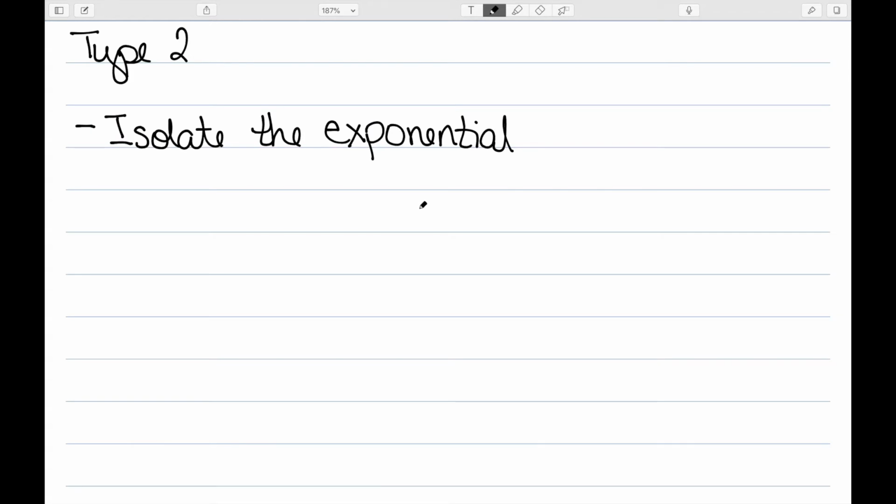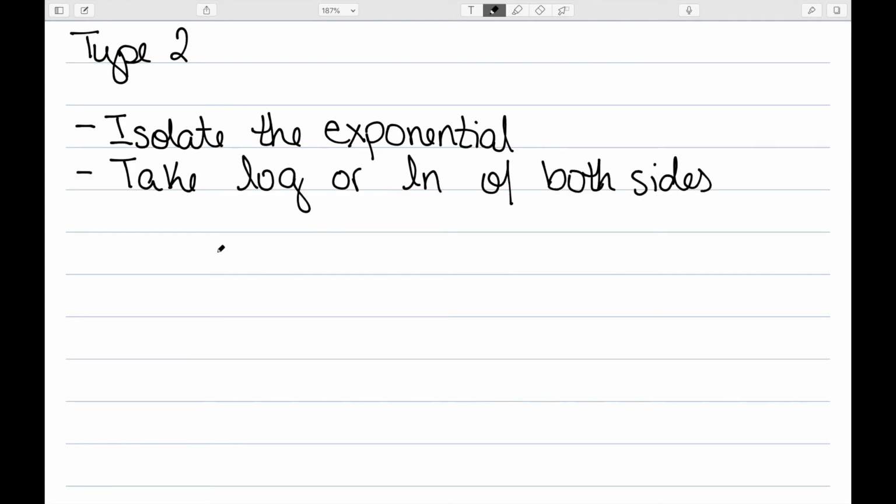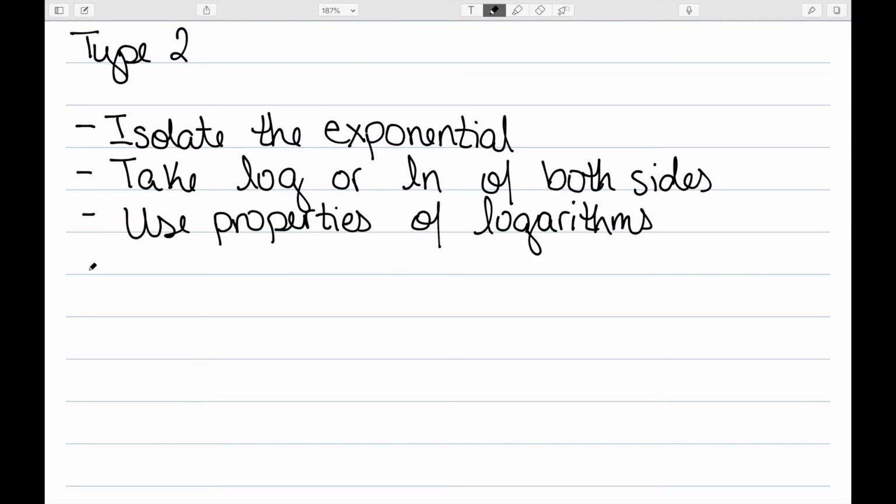The first step is to isolate the exponential. In other words, get the exponential on one side by itself. Next, we're going to take either log base 10 or ln of both sides. We're then going to use our properties of logarithms to rewrite this. And finally, solve. So let's look at some examples.